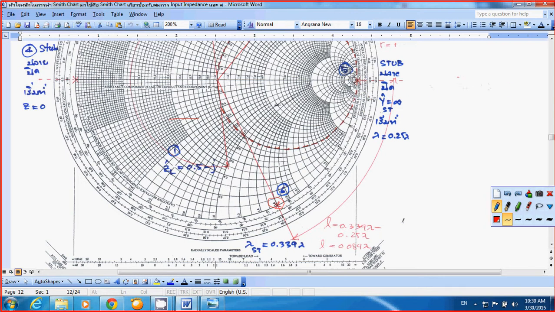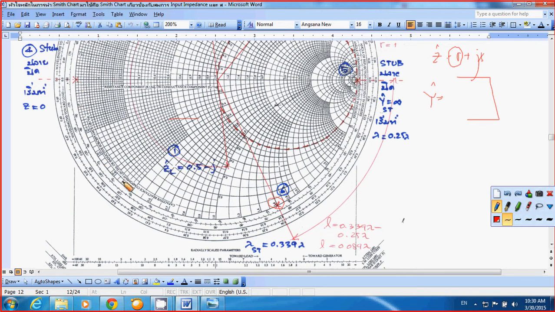And if you notice, when you're talking about a stub, short or open, whether you're talking about Z or Y normalized, which has a real part and imaginary part, you never change the real part. The real part still stays 0, right?